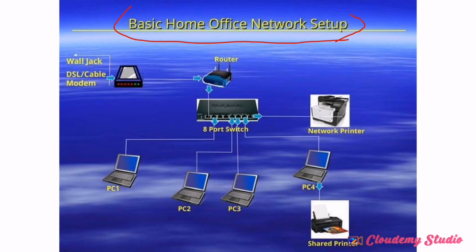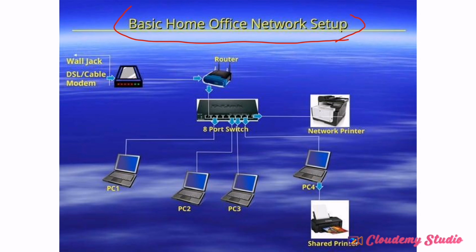So we have the WAN jack, DSL, cable modem. So that's where the internet is coming from, the cable modem, then the router, then it's going to the 8-port switch and the network printer.